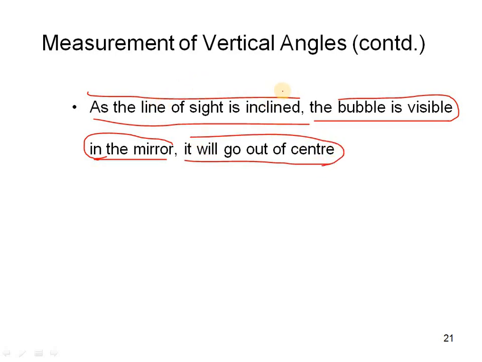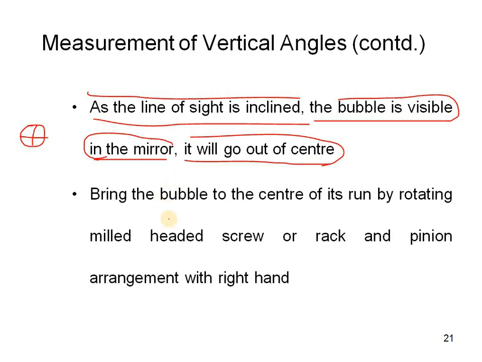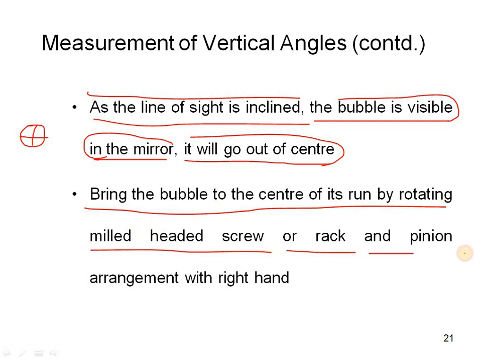But if the line of sight is in the horizontal position, the center of the axis will come to the vernier coincidence. So if it is in the horizontal position, it will be at the center. So bring the bubble to the center of its run by rotating the milled headed screw or rack and pinion arrangement with the right hand.